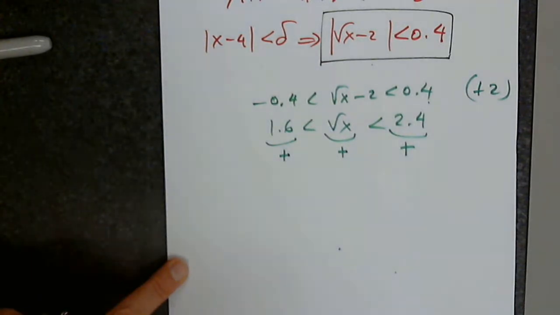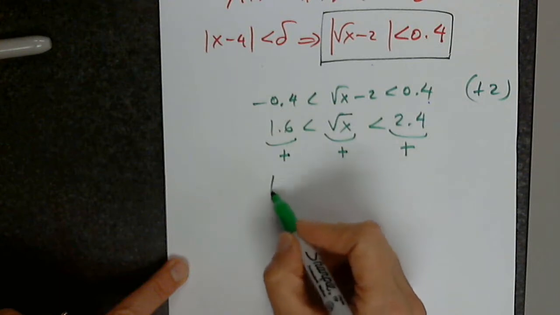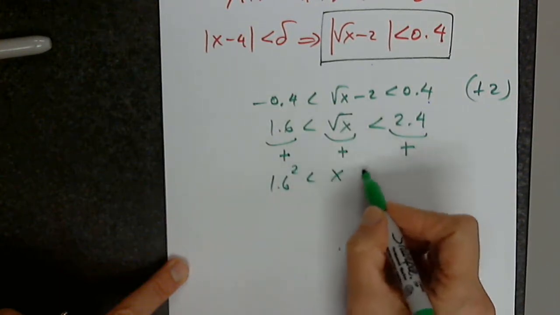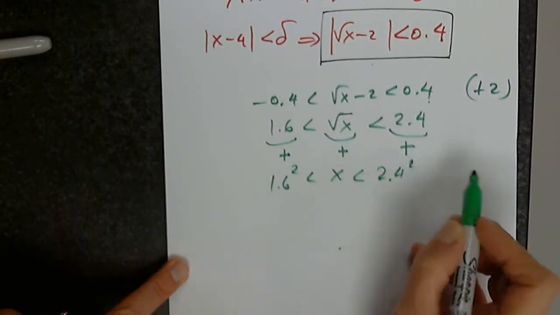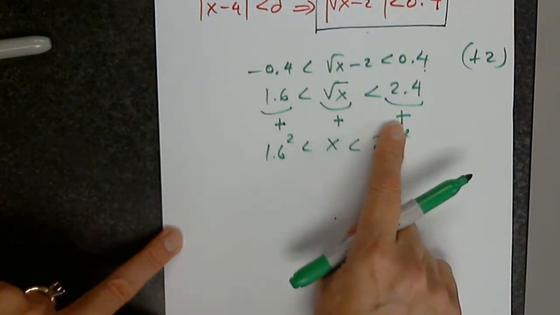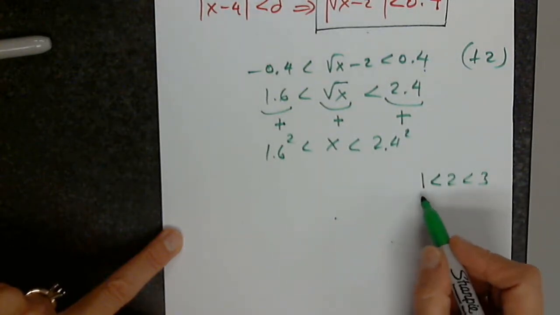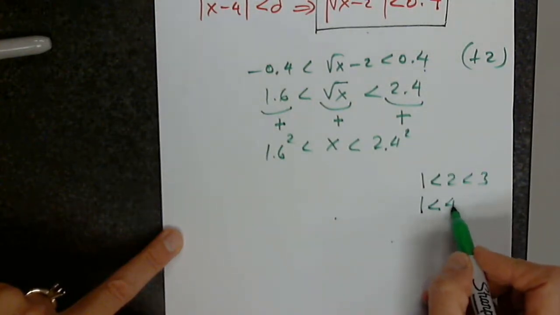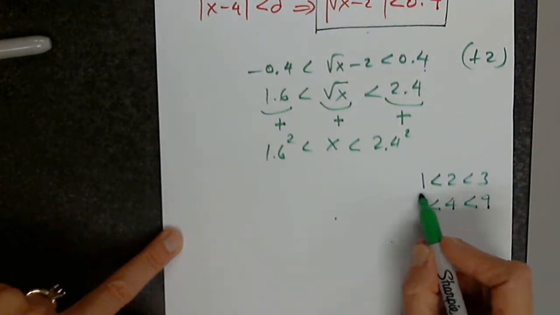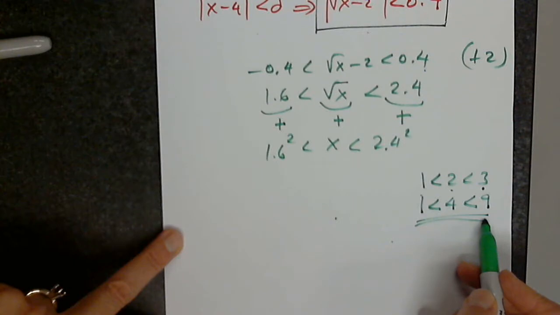Exactly. I square everything. Is 1 less than 2 less than 3? Yes. Well, 1 squared will be less than 4, less than 9, because they are all positive. So squaring them keeps the inequality intact.